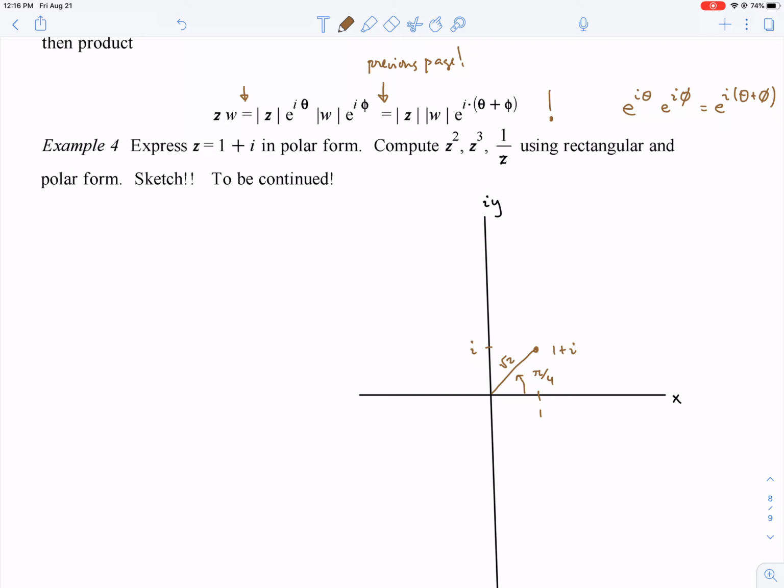So 1 plus I is root 2 times cos pi over 4 plus I sine pi over 4. Each of those is 1 over root 2, which is why we get 1 plus I. But the way we want to write this in polar form is to go right to exponential form. This is root 2 e to the I pi over 4.